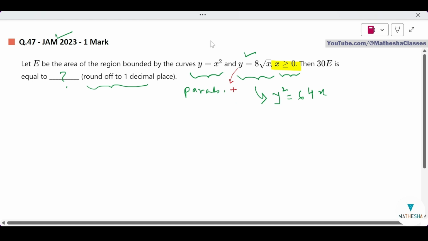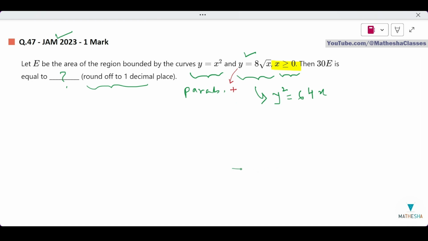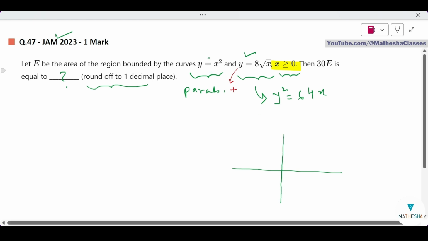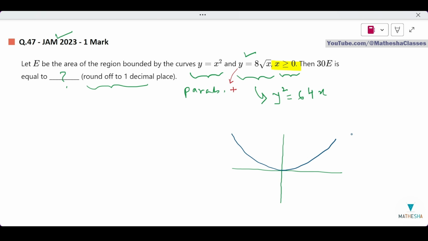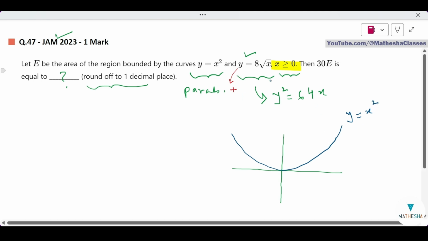So now if you draw both the curves, then y equal to x square will look like this, and y square equal to 64x, that will look like this.